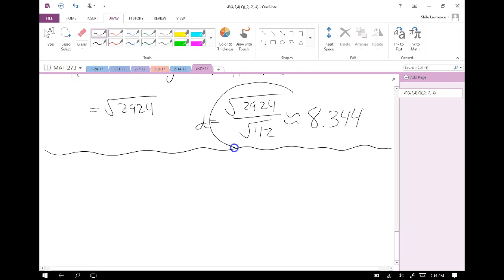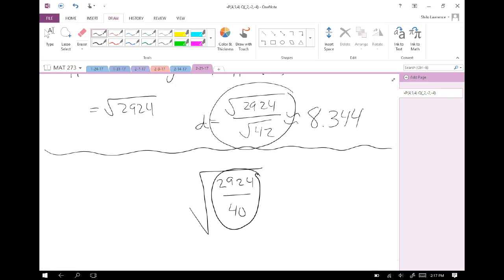So if you got it to this point, and they didn't want you to do a decimal, since they're both under a square root, you can think of them as just being under one giant square root. And tell your calculator to just simplify the fraction. 29/24/40.